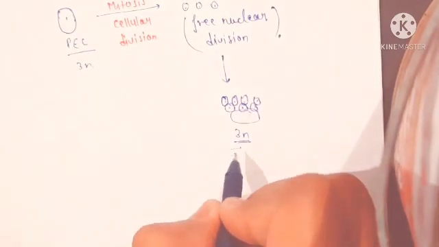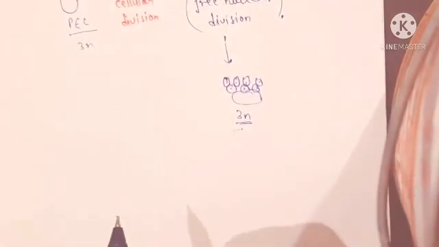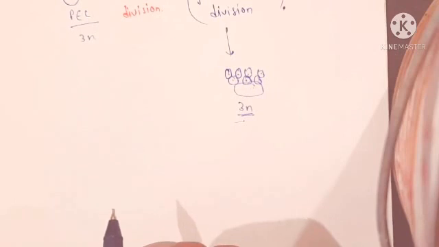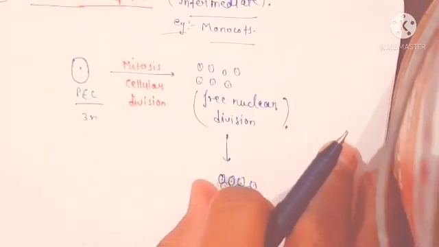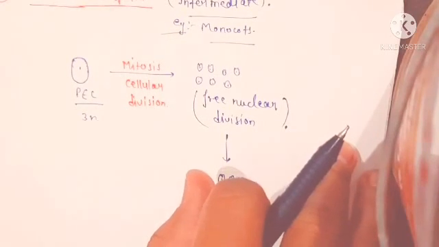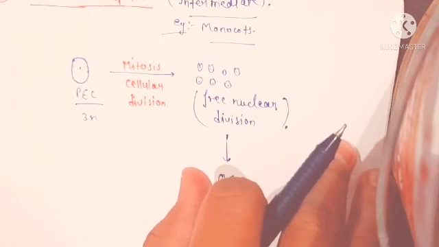So in this way, formation of endosperm takes place by three types. What are these? These are the free nuclear endosperm, cellular endosperm, and halobial endosperm. Okay.